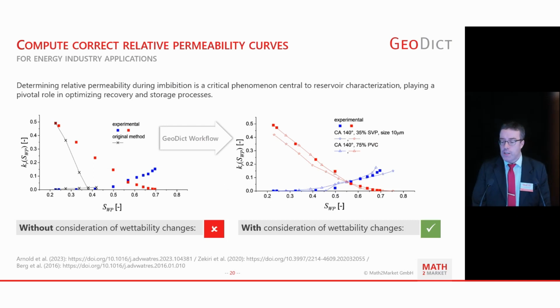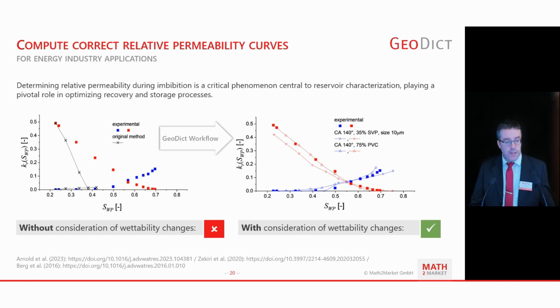The illustration here shows spontaneous imbibition, in the water-wet left part, of the mixed-wet Gildehauser sandstone, and you can see on the right-hand side that the consideration of wettability changes is actually crucial to fit the experimental data. So the wettability changes are essential here.